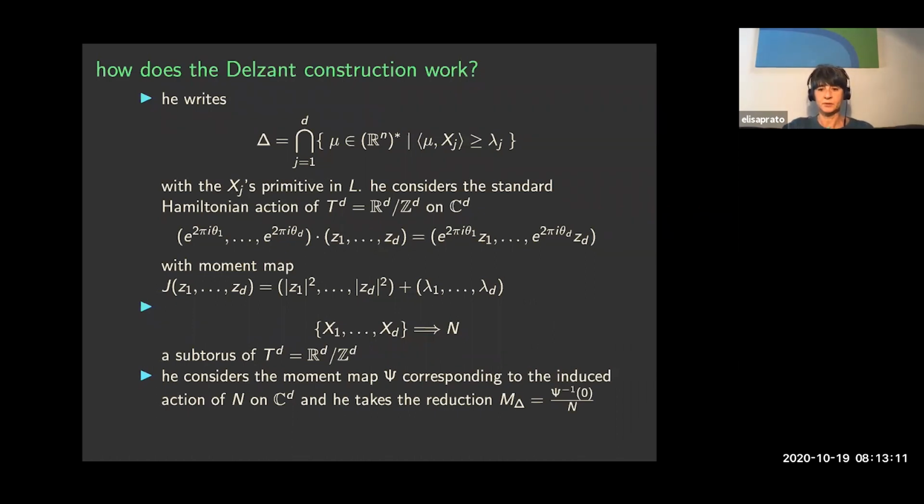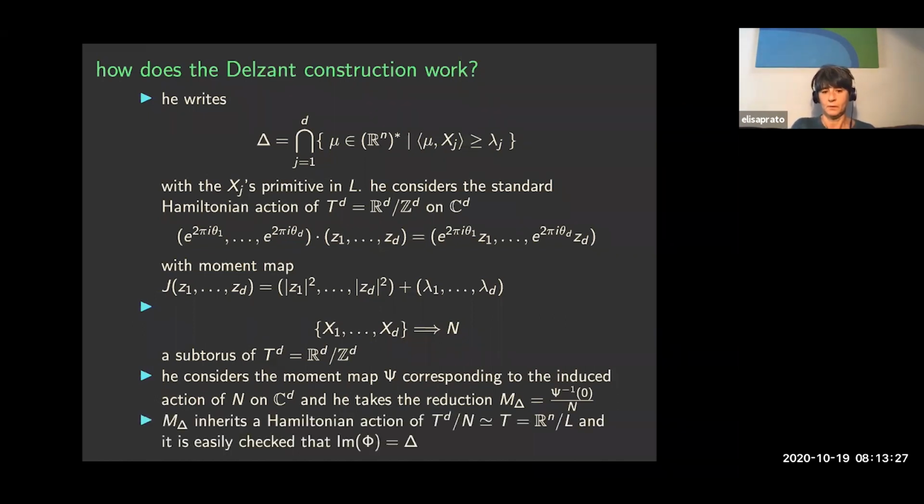So he takes the moment map of the induced action of N from the big action of T^d on C^d, and he takes this quotient, the inverse image of 0 mod N. This M_delta naturally inherits a Hamiltonian action of the quotient T^d mod N, which is essentially T, R^n mod L. And it's easy to check, it's a computation, that the image of phi is delta.